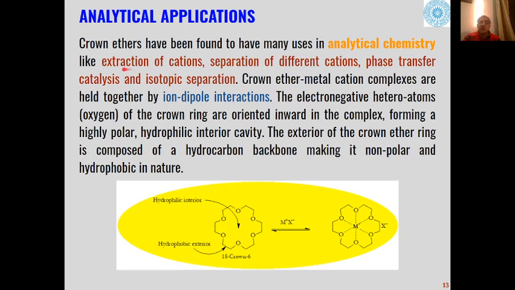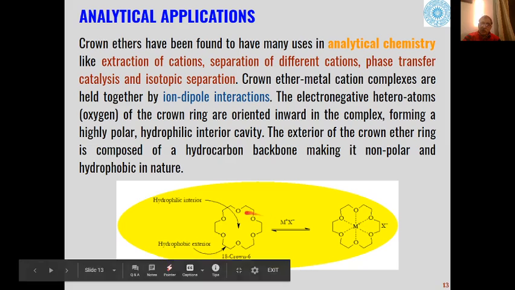So crown ethers are used for extraction of cations, then separation of different cations, because each crown ether has a cavity of a particular size.